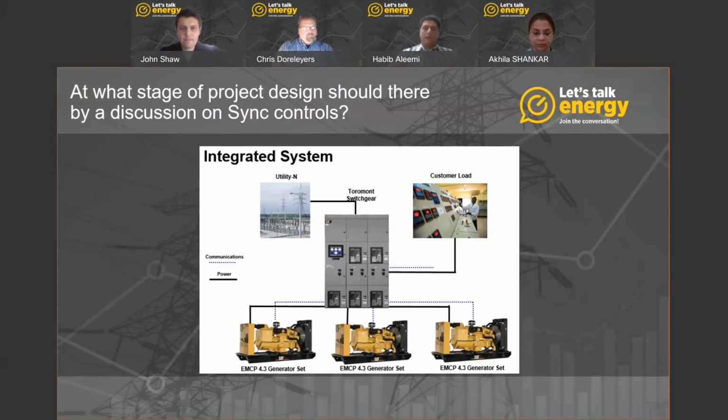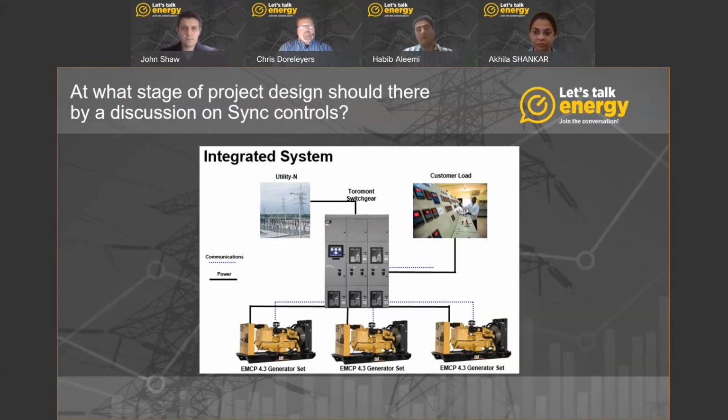Sure, Chris. When considering 100 millisecond paralleling with the utility, most of the time the utility is also involved, and they want to monitor the grid so that generators are not in parallel more than 100 milliseconds with the utility. With this kind of application, mainly we have protection relays in the system. We have PLCs in the system also to give permissive to the closing and opening of both breakers.